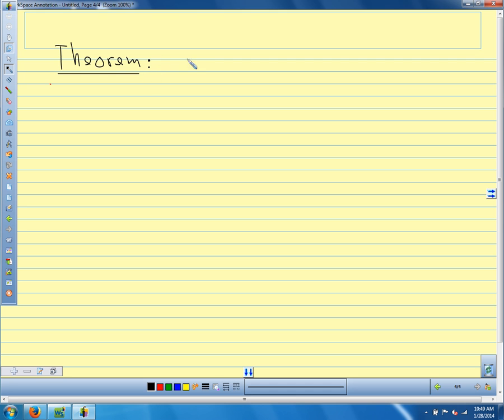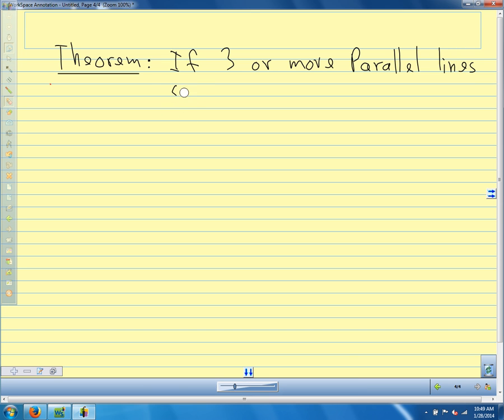So that's why we're talking about it now. So our theorem says we have 3 or more parallel lines. And these parallel lines cut congruent segments on a transversal.